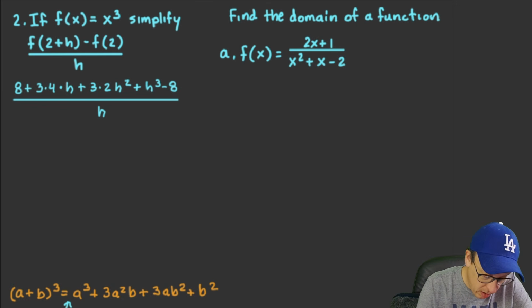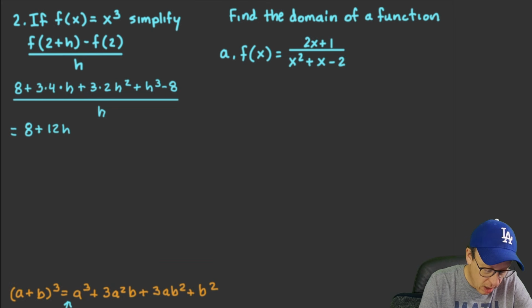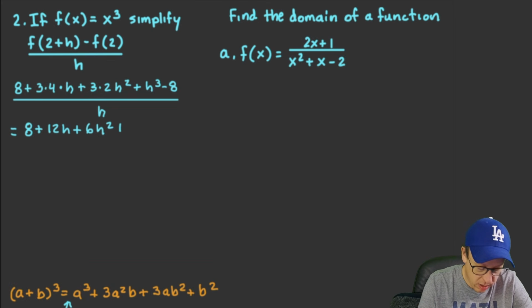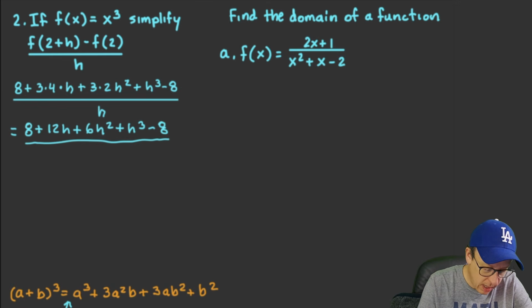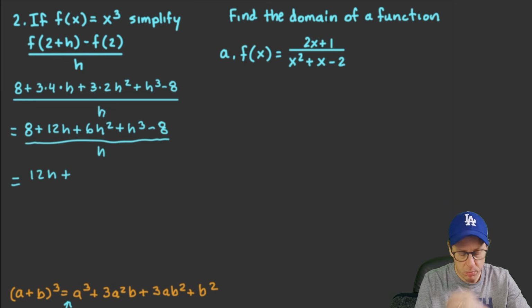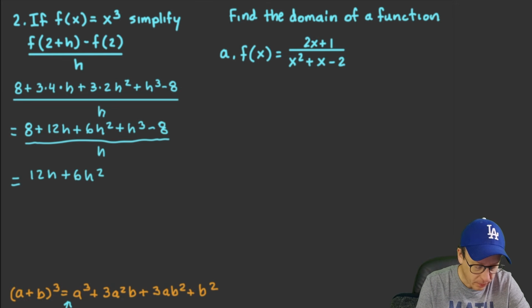And this is going to simplify down to 8 plus 12h plus 6h squared plus h to the third minus 8, all over h, is going to be equal to 12h plus 6h squared plus h to the third over h.